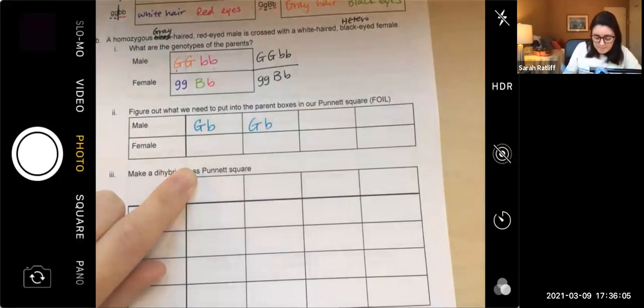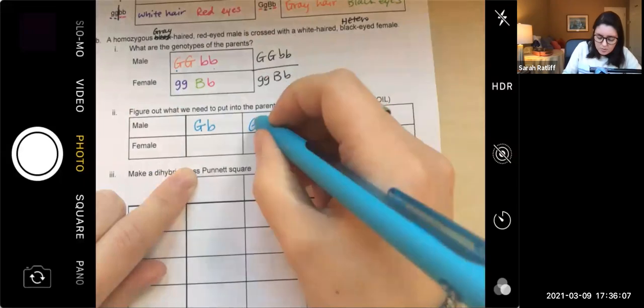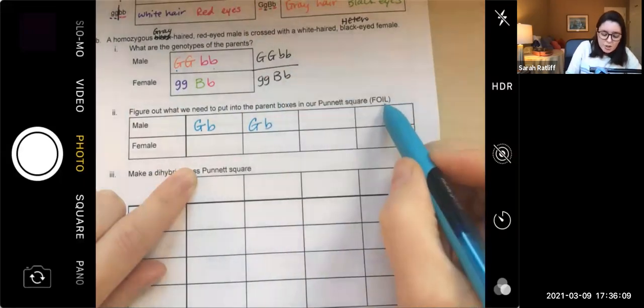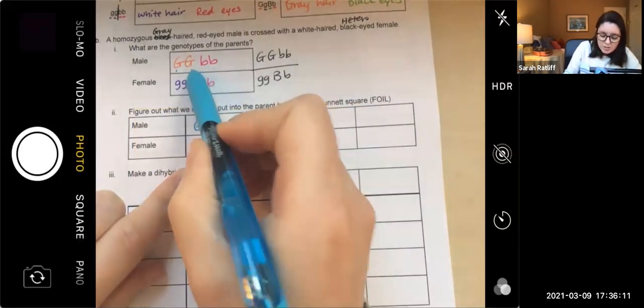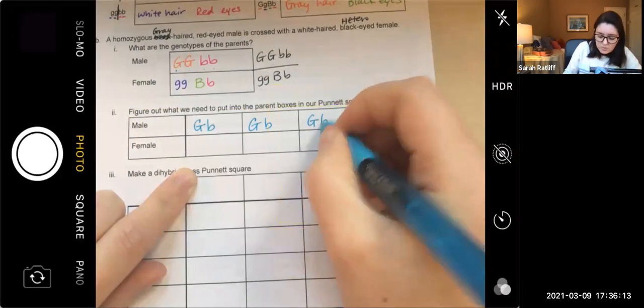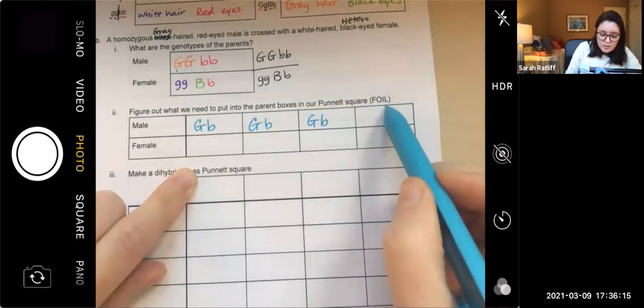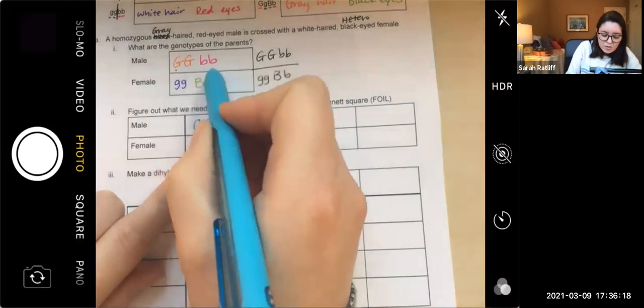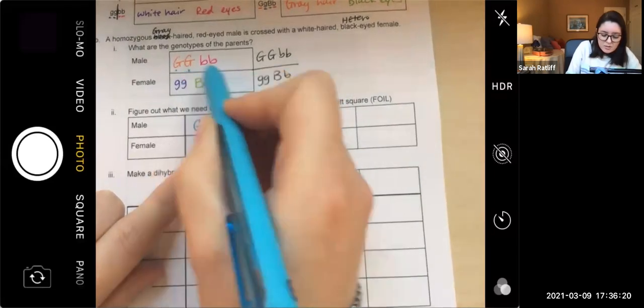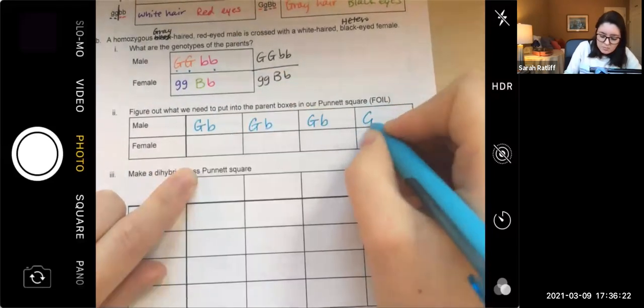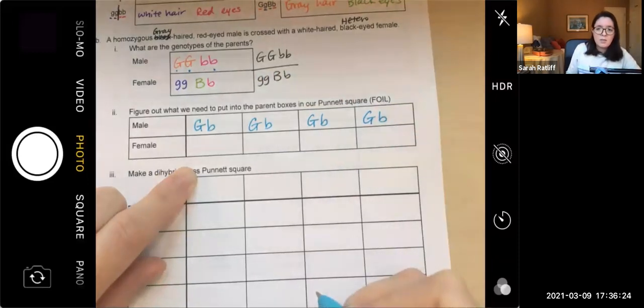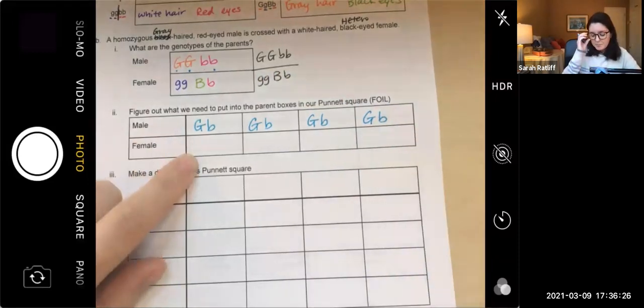Great. Now, what's next? I, for inside. What are the 2 inside alleles here? Big G, little b. And the L in FOIL is for last. What are the last two of each of these traits? Big G, little b. Awesome, awesome. We FOILed for the male here.